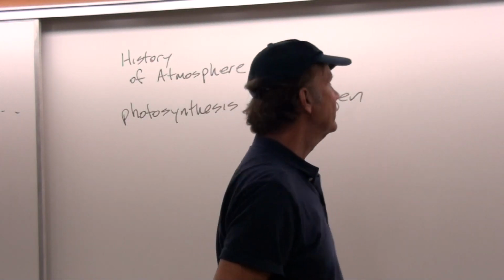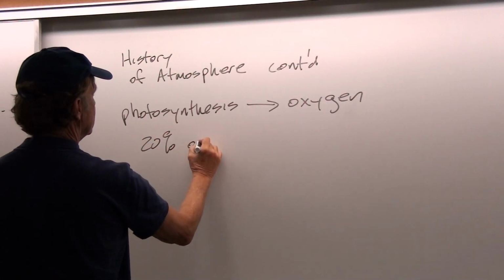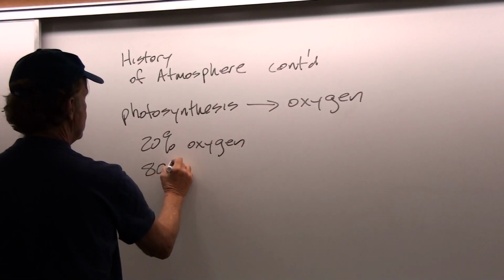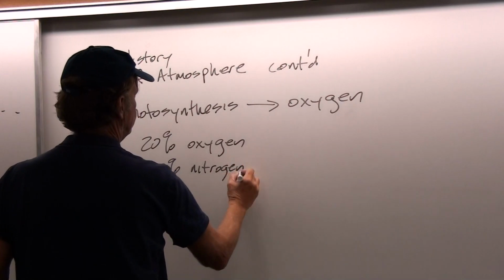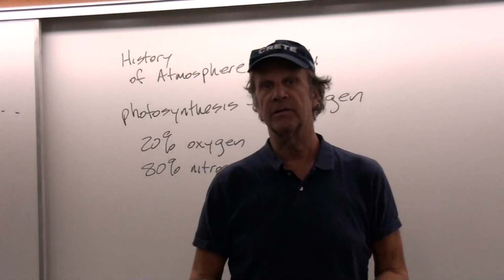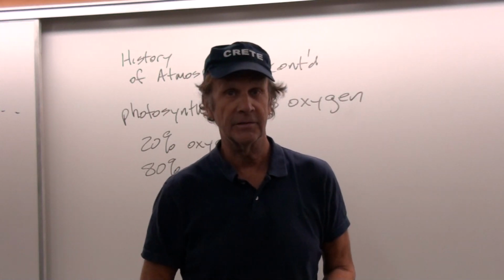The Earth's atmosphere today is about 20% oxygen and about 80% nitrogen. The nitrogen was originally part of the Earth's atmosphere, but the oxygen was all put there by photosynthesis.